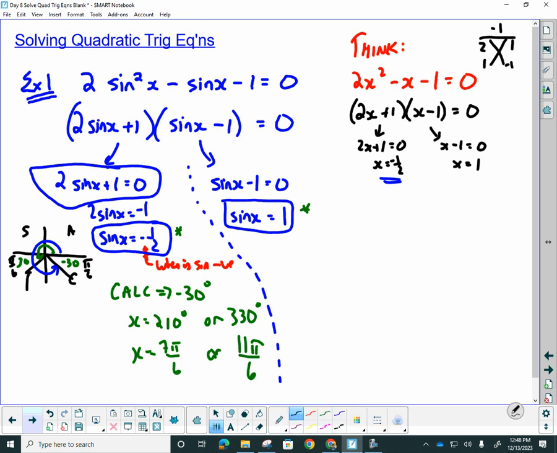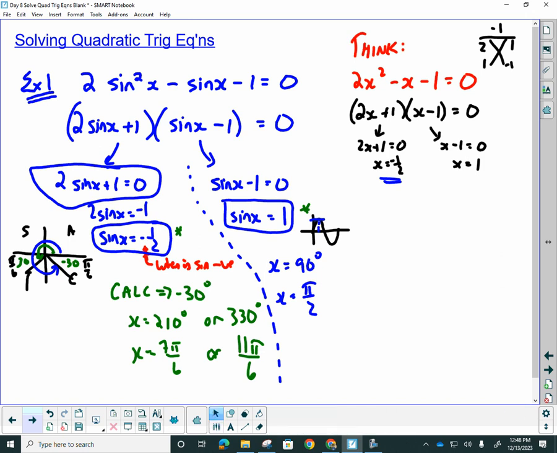So let's think about the sine curve. Because 1 isn't in any quadrant, the sine curve goes like this. When is sine equal to 1? Well, it's right there at 90 degrees, or in radians, pi over 2. There's no other spot where sine is equal to 1. There's a spot where sine equals negative 1, but no other spot where it equals 1.